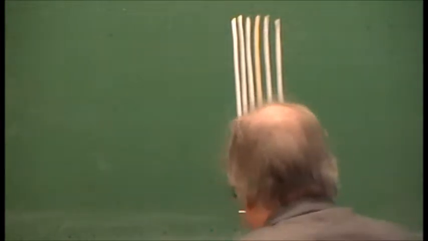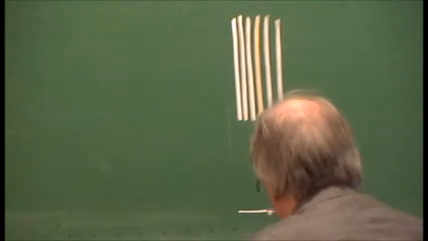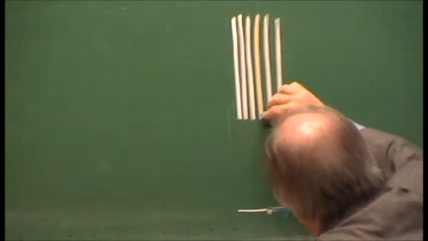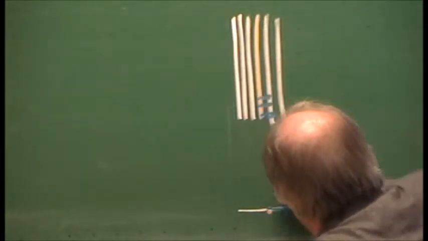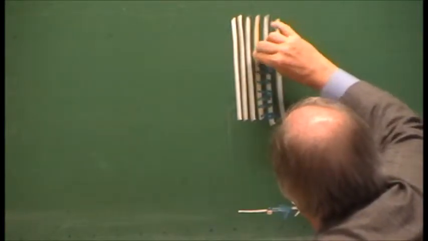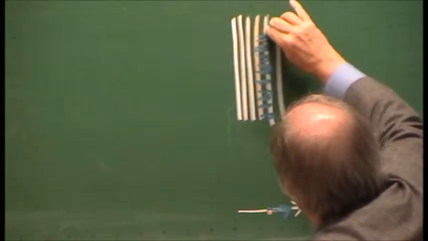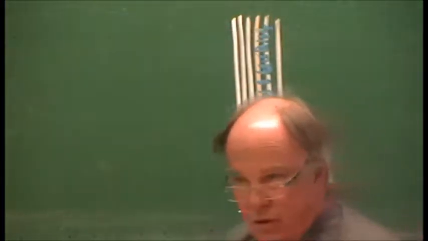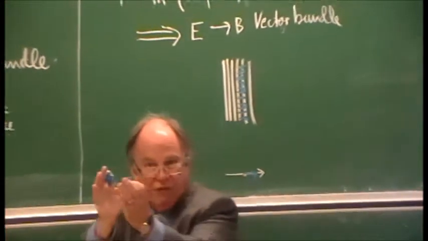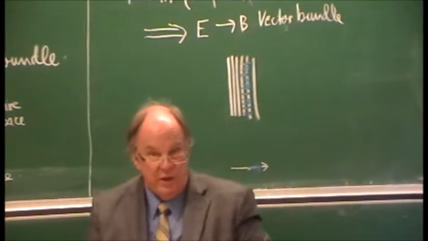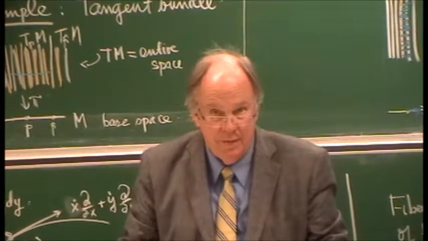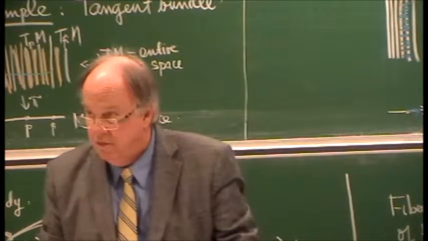So I'll just draw an arrow here because the dimension is so small. Take a vector field on the base and lift it. Here's the vector field lifted. I'm having trouble drawing the arrows, but you see what I mean. I have the vectors here and I lift them upstairs, and then I push the fibers to nearby fibers by integrating the vector field. Right? That's what you had in mind, I think.